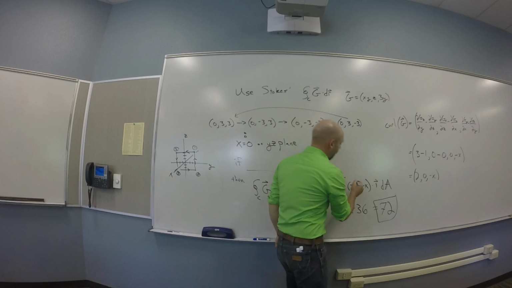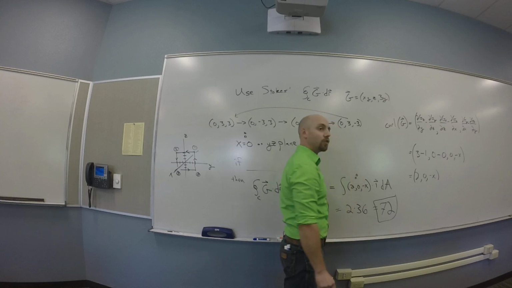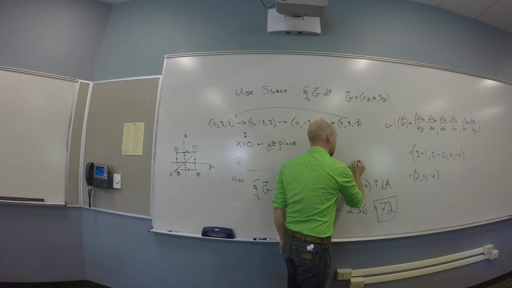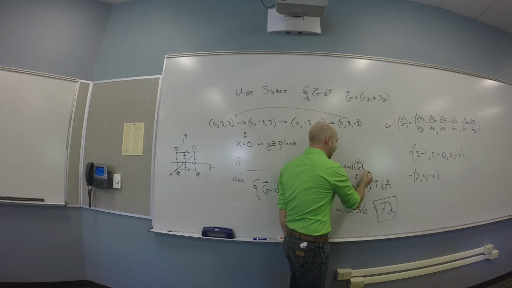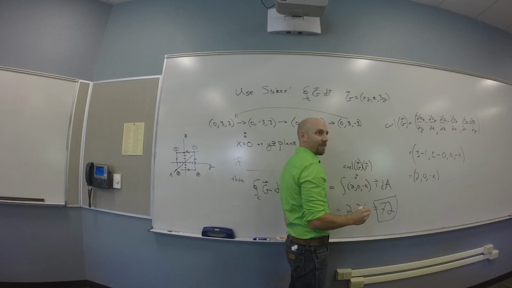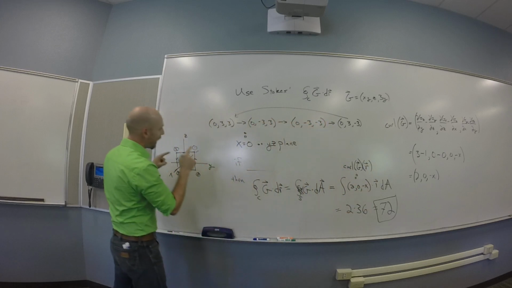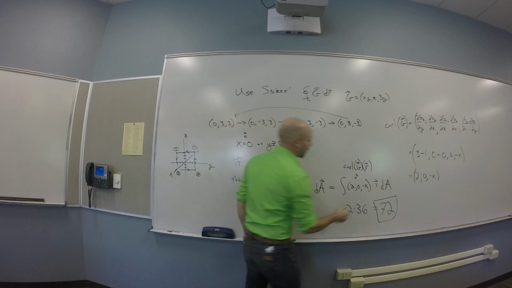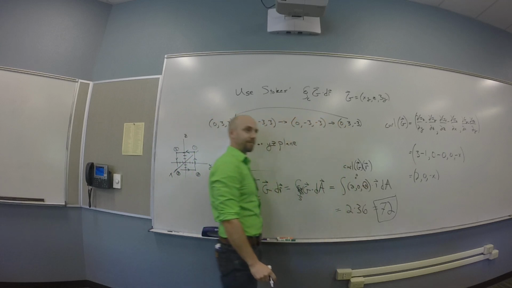Right here I've written curl of G, but what I really should have here is curl of G evaluated at your surface R. And on your surface R, the x is 0 anyway. So yeah, that's a really good point. This should be 0 anyhow.